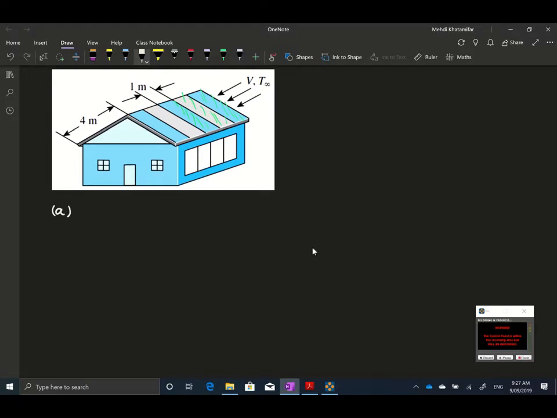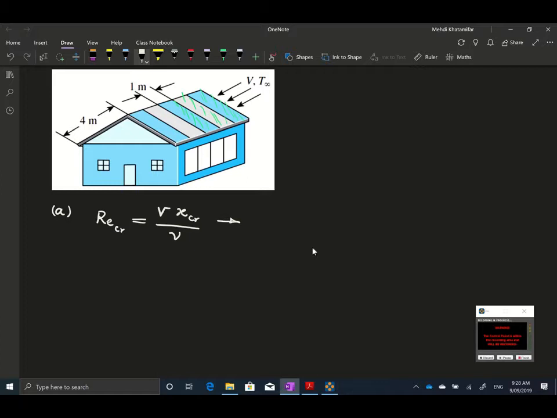To find the flow, I need to find the critical length for this flow. As you know, the Reynolds number, if it's critical, is velocity times length, which length? Critical length, divided by nu.